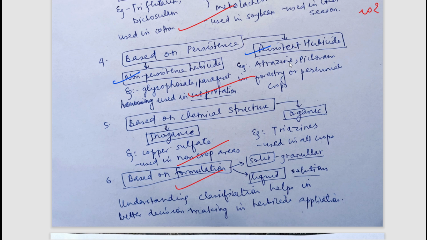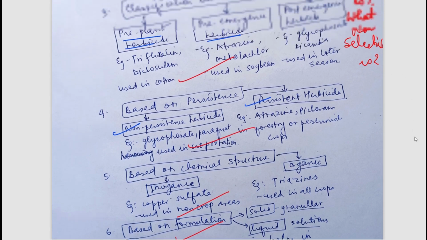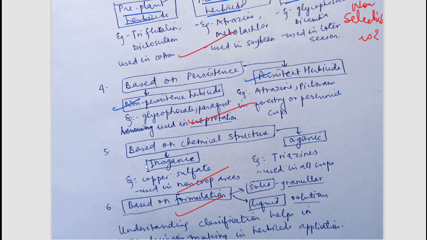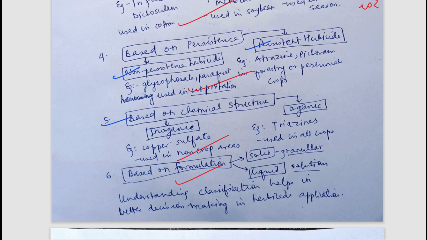So the student has mentioned all of this in 5-6 categories. It is good that you give in your answer copies whatever you know. But I think if you could mention 3-4 important categories, I think the first three were the most important, that would be better. I think chemical structure could be mentioned too, inorganic and organic. These 3-4 are enough instead of writing 5-6 categories, because many times in the exam you will feel the pressure of lack of time.